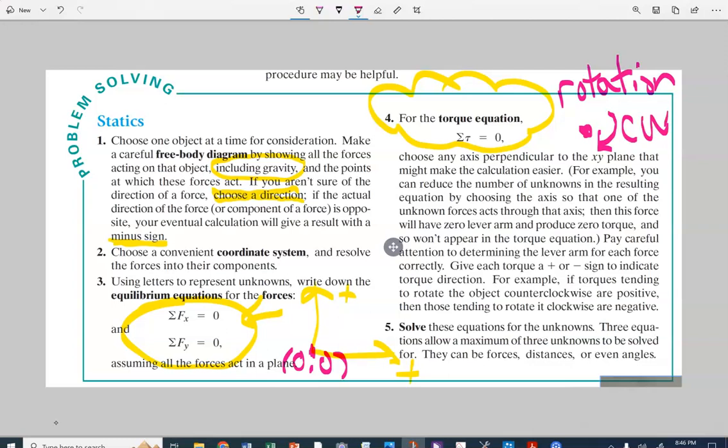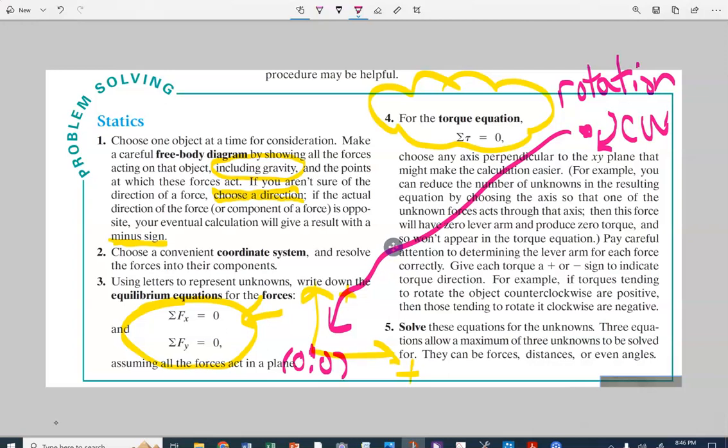You get to decide whether clockwise is positive or negative, meaning which way is it going to cause this object to rotate about that 0, 0 point you're establishing, in a positive manner or in a negative manner?